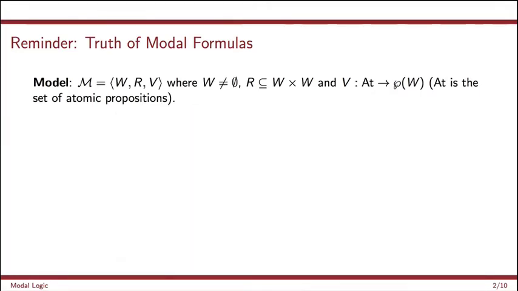But just as a reminder, recall that a model or a Kripke structure consists of three components, W, R, and V, where W is a non-empty set, R is a relation on W, so a set of ordered pairs.